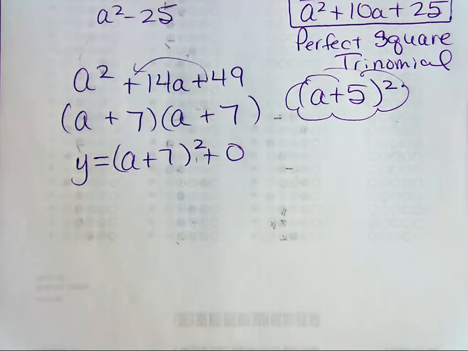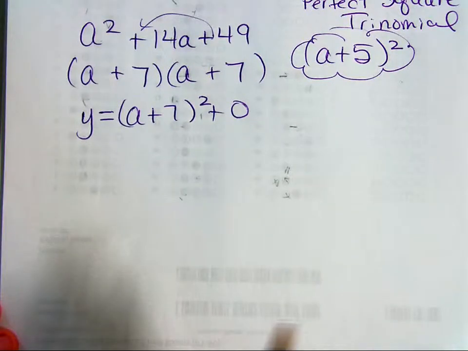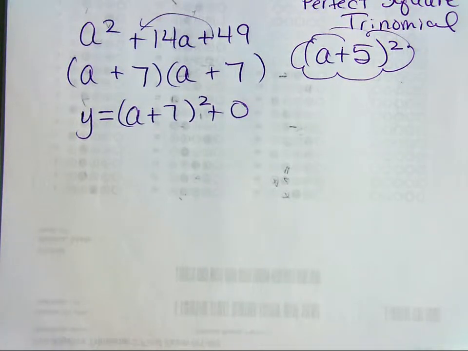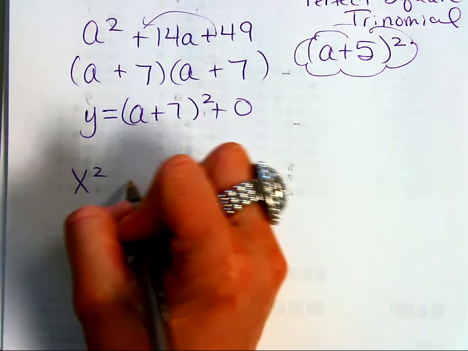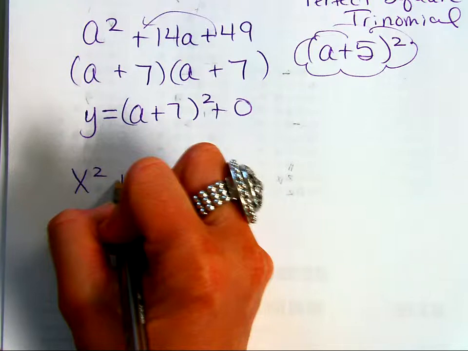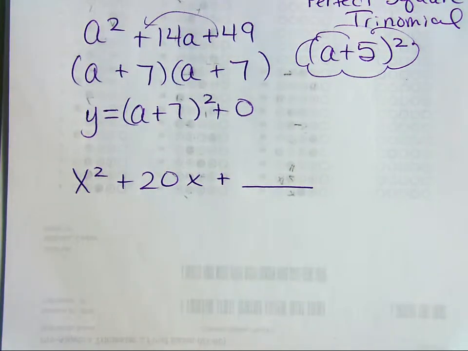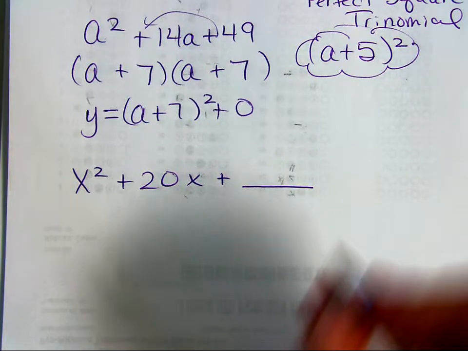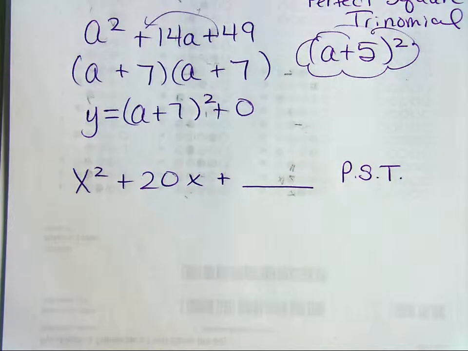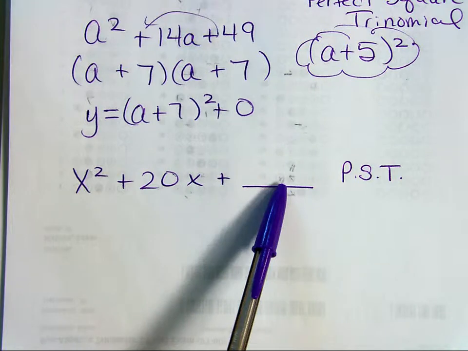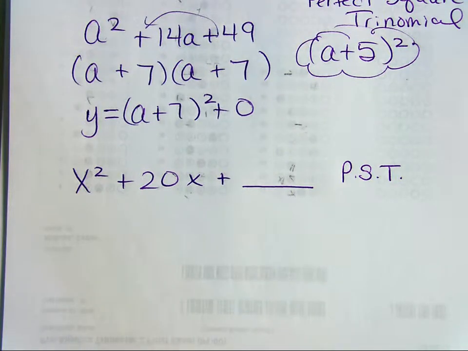Okay, so now that we're a little familiar with a perfect square trinomial, let's talk about completing the square, which means going backwards. So if I have an x squared plus 20x plus blank, and I'm telling you this is a perfect square trinomial, what does that have to be?